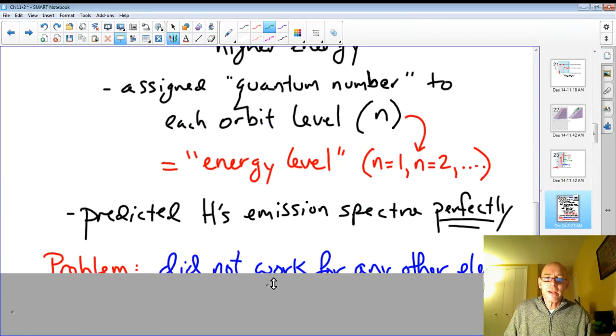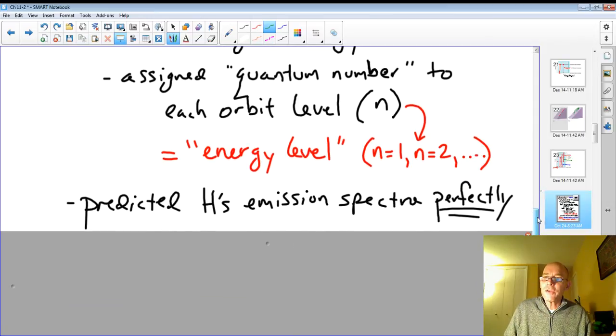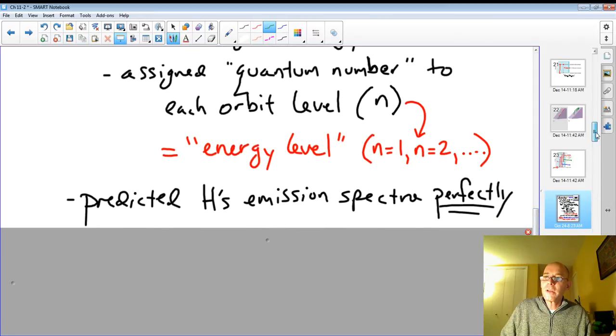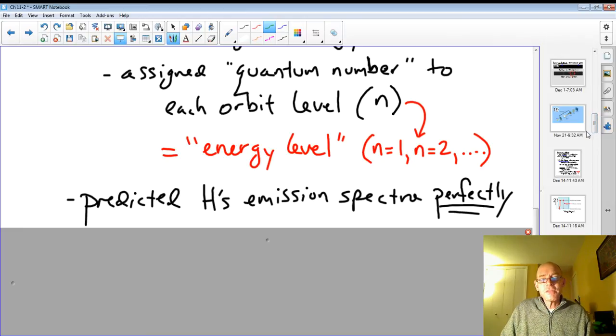Back to this. Okay? And the beautiful thing about Niels Bohr's work was that it described the emission spectra of hydrogen perfectly. Again, this is all mathematical work that he calculated the energy changes of the electrons and then changed those energies to frequencies or colors of light using the E equals hv Planck's constant equation that we just did.